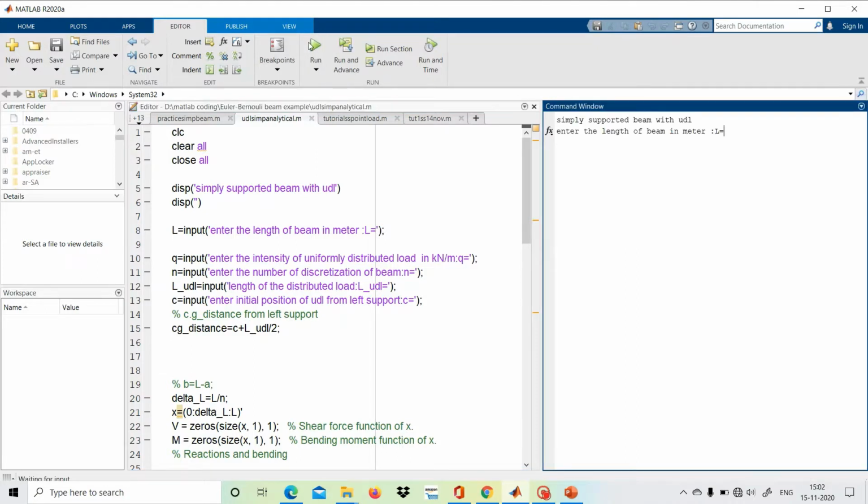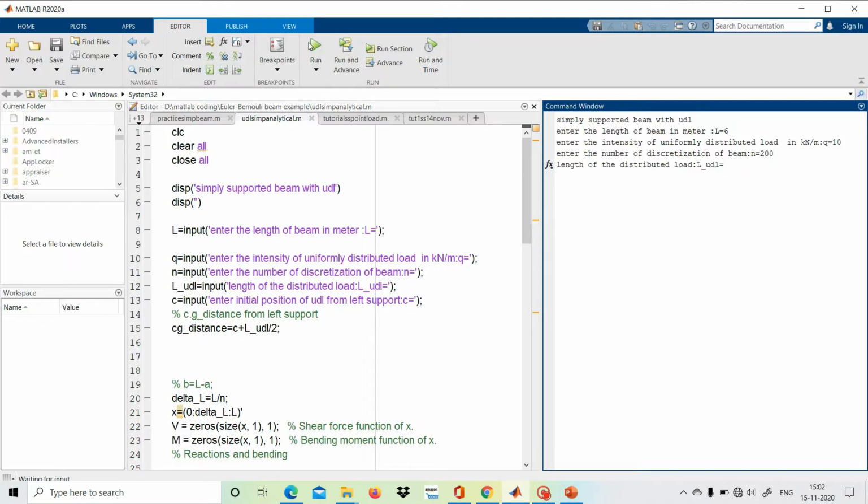Enter the length of the beam, we are giving 6 meters. Enter the intensity of the uniformly distributed load in kilonewton per meter, we are giving 10 kilonewton per meter. Enter the number of discretizations of the beam, we are giving 200 parts, so the number of discretized points would be 200 plus 1, meaning 201.